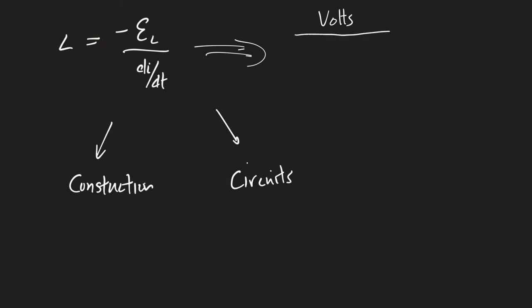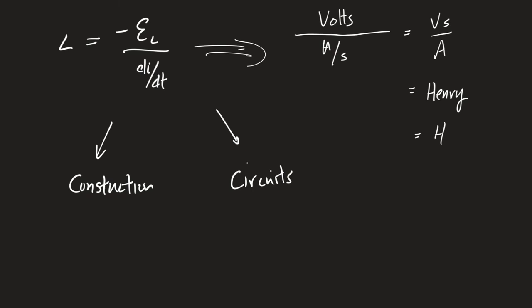The rate of change of current has to be amps per second. So work that out a little bit and you get volt seconds per amp. That unit doesn't make a whole lot of sense anyways, but that's the Henry. And so inductors are measured in Henrys, capital H.